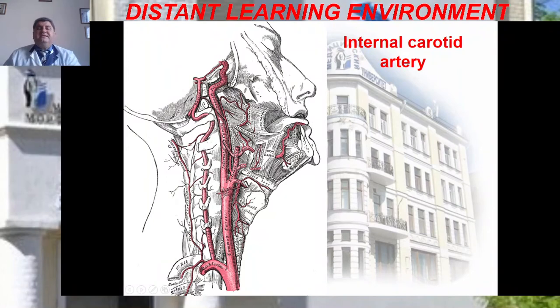In detail, first we will talk about the internal carotid artery, as one of the branches of the common carotid artery. But next, in detail, we must talk also about the vertebral artery, because it's very important to understand the blood supply of the brain. So there are four parts of the internal carotid artery.